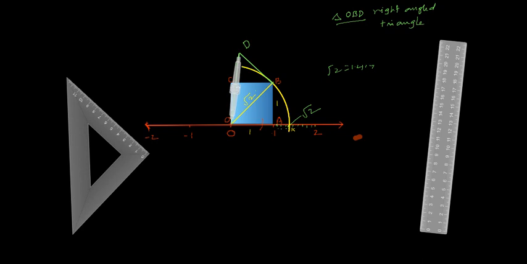You put the compass like that. After that you draw an arc like this. Okay, and put the compass aside. Now you observe.